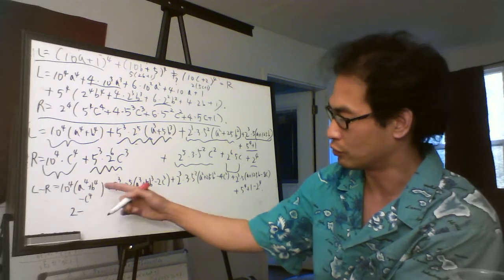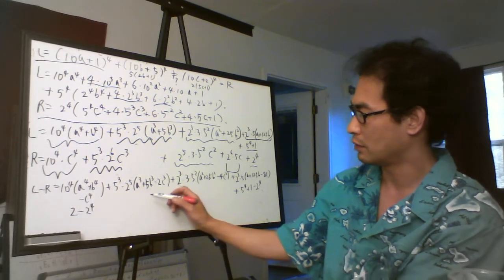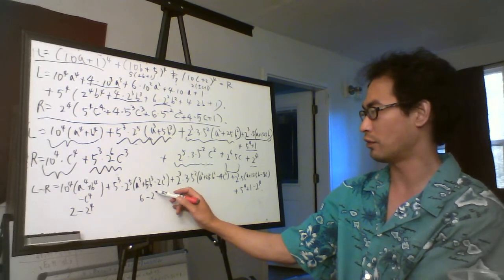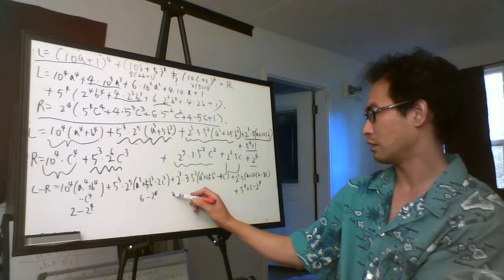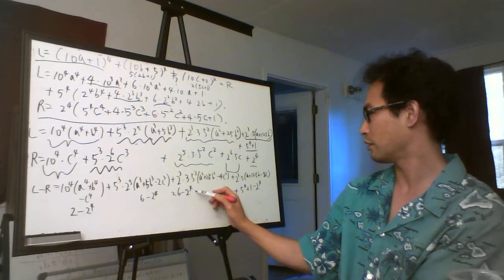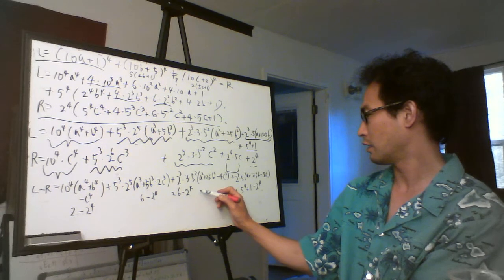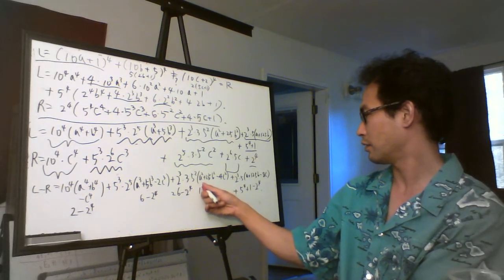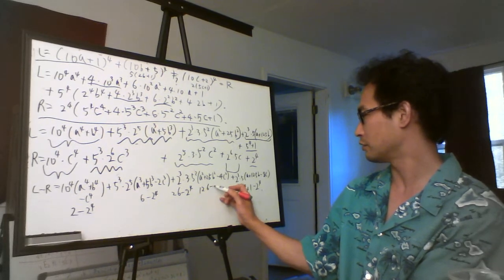Okay, one, one, two. So two minus two to the fourth, six minus two to the fourth, 26 minus two to the fourth, 126 minus two to the fourth.